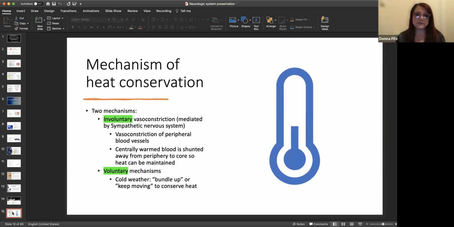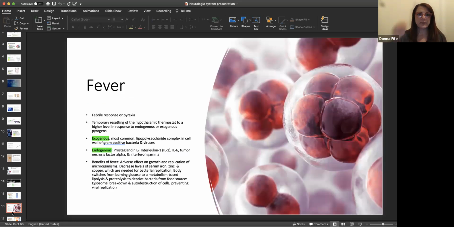Voluntary mechanisms: when there's cold weather, we might bundle up or keep moving around, jump around some to conserve some heat. Fever, also known as a febrile response or pyrexia, is the temporary resetting of the hypothalamic thermostat to a higher level in response to endogenous or exogenous pyrogens.